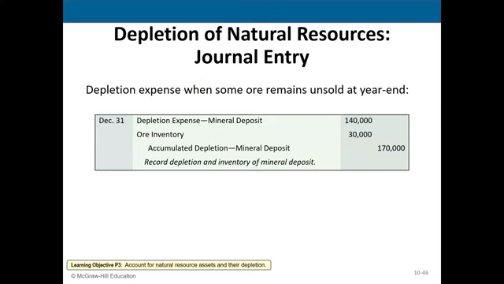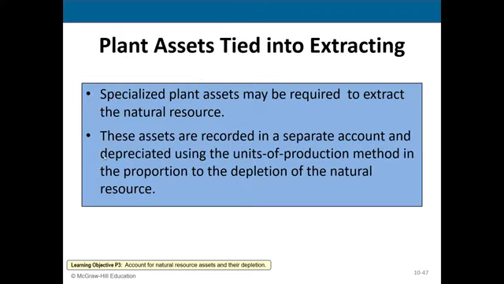And of course, we also recognize anything that's unused. So you don't need to worry too much about this. I just want you to understand that the depletion expense works the same way that units of depreciation works. So extracting natural resources from the earth, of course, there's going to be machinery involved. But so we follow the same units of production method. Yeah, that's what I was trying to get to.